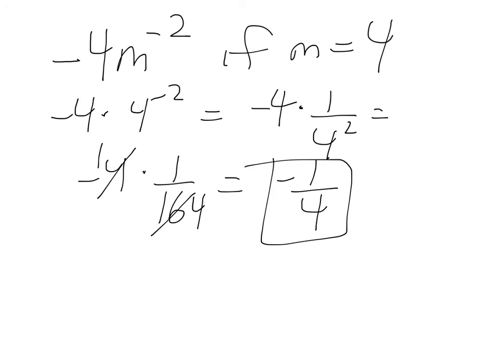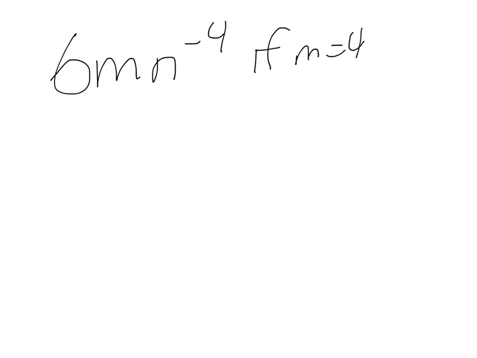I can leave that up for a second. All right, we want 6m n to the negative 4th if m equals 4 and n equals 3. Try that one.